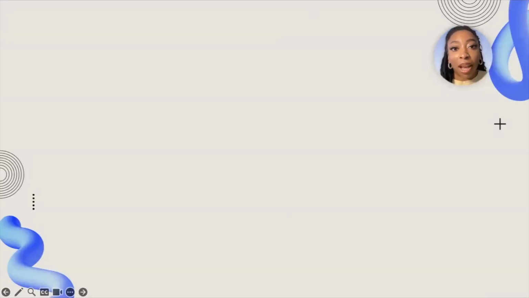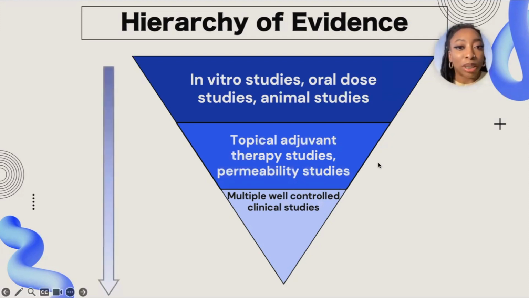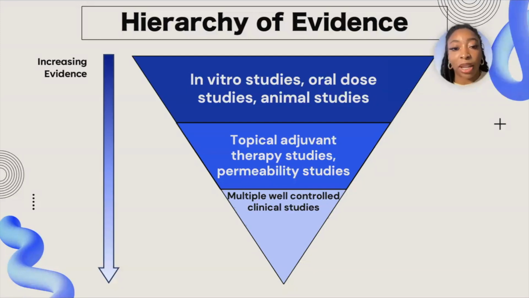When evaluating the evidence on actives, I find it helpful to assess ingredients based on a hierarchy. We want to look at the efficacy of these ingredients under real use conditions. And in doing so, we would like to make sure that the research that we are using to evaluate the efficacy of these actives is reflective of those real use conditions. So there are certain studies that may support the use of an active for a particular concern, but are not relevant to the topical application of that active.